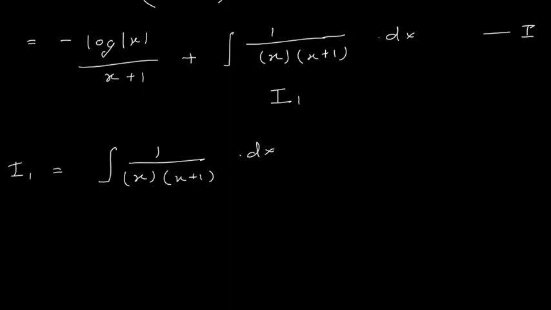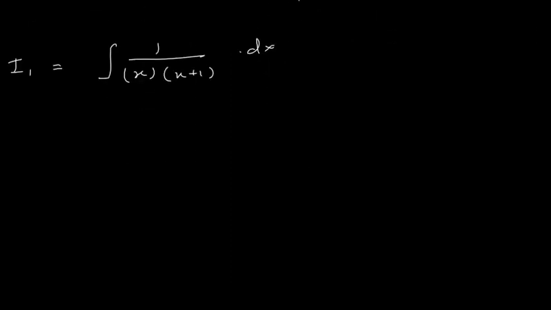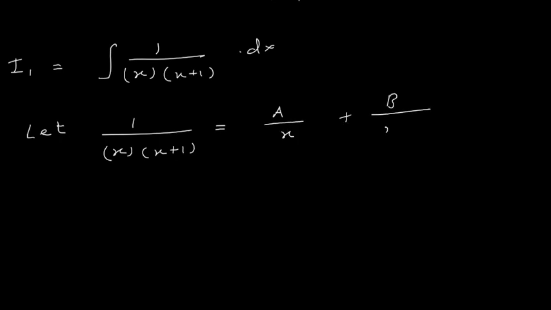What do we do here? Here we have to use partial fractions. So for partial fractions, let 1 upon x into (x plus 1) be equal to a upon x plus b upon (x plus 1). You know the different types of partial fractions.